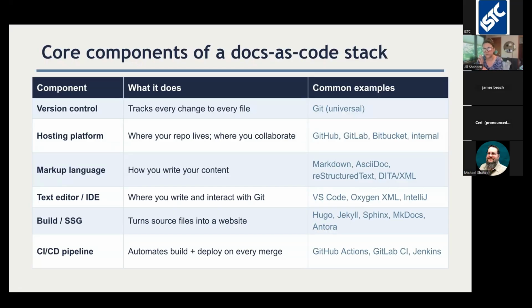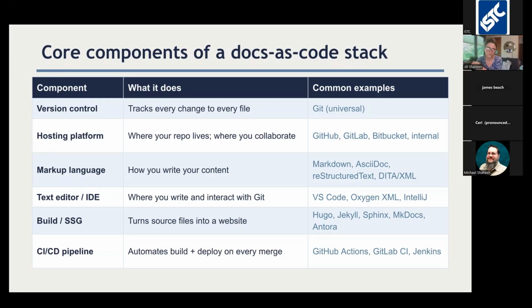The build tool turns your files, the source files that you wrote in markup language, into a website, and that's typically automated. And oh, sorry, I skipped over the text editor IDE. That's where you write your markup. So at Amazon, we used Oxygen, and you could switch between a code view and an author view where you can kind of see a preview of what it might look like formatted.